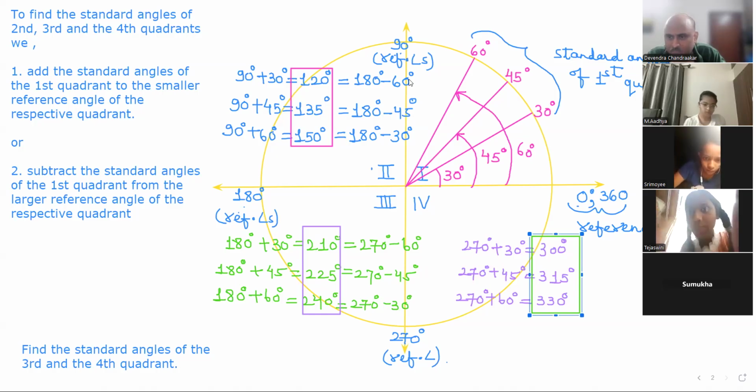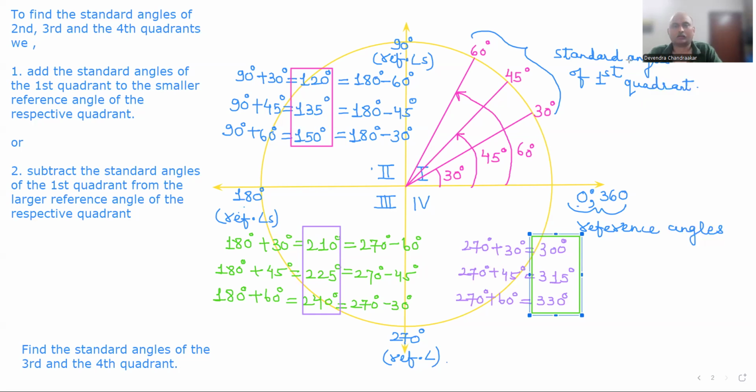Okay. So once we are aware of these angles, all of you just pay attention to the reference angles. 90 into 0, we can drop the 0. 90 into 1, 90 into 2, they are multiples of 90 degrees.